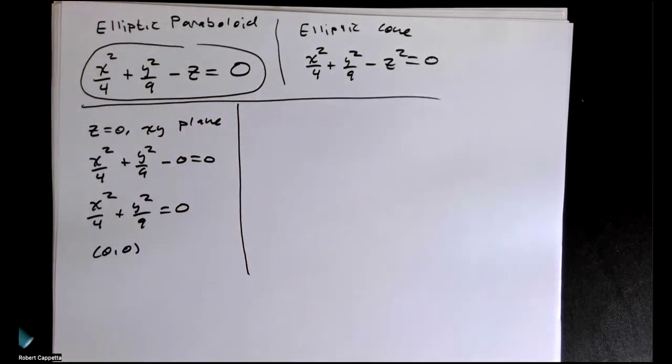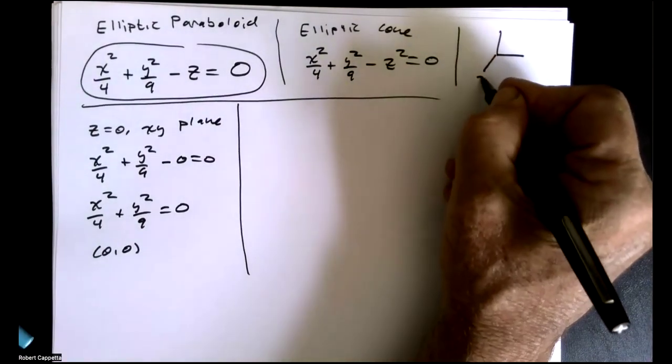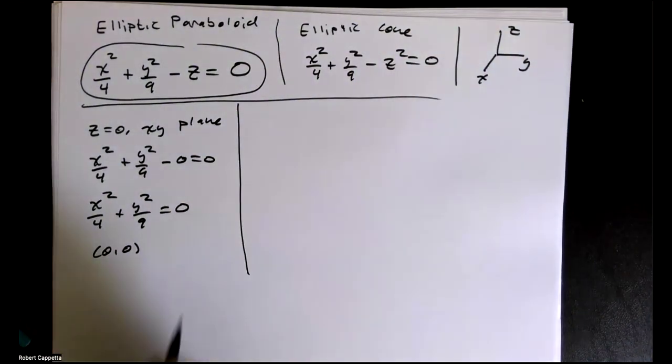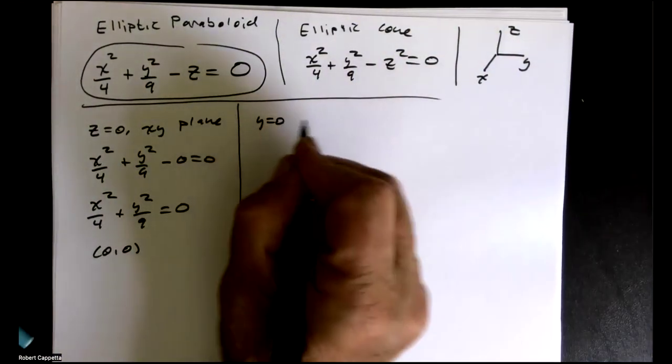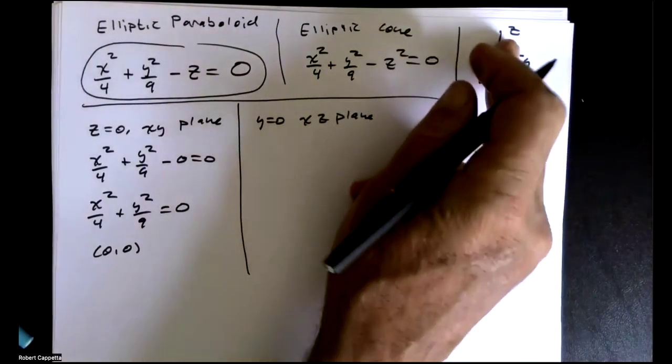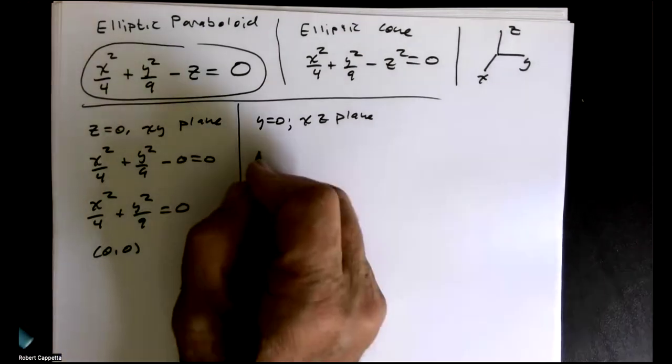Now let's take a look at the other two planes. Again, we have our usual orientation, x, y, z is what we prefer. If I'm looking at it from the left, we're going to let y equal 0, which is the xz plane, looking at it from the left or from the right. So if y equals 0, what is that going to give me?